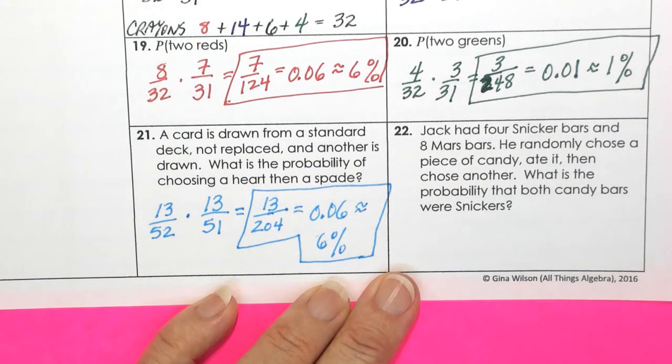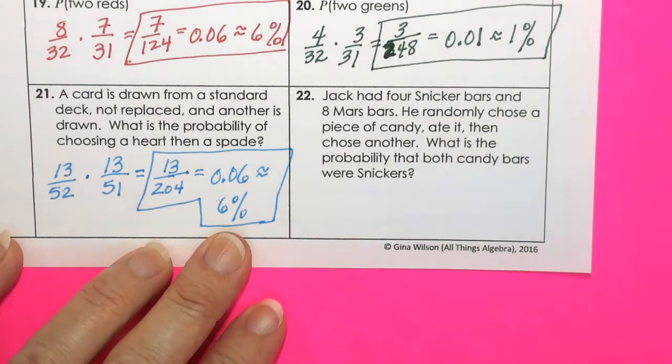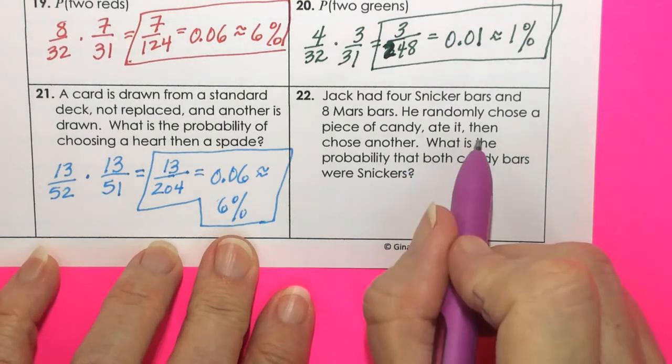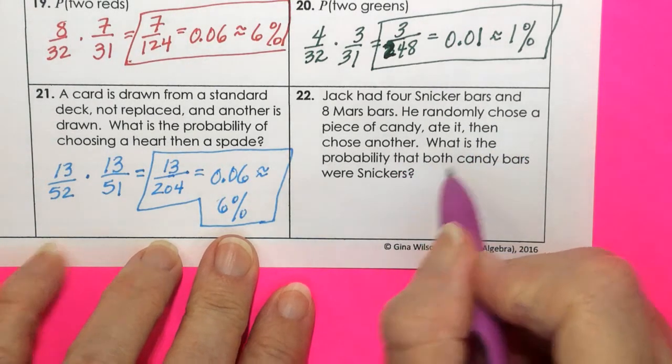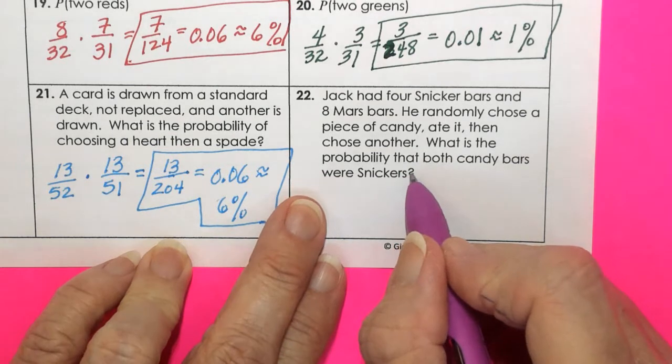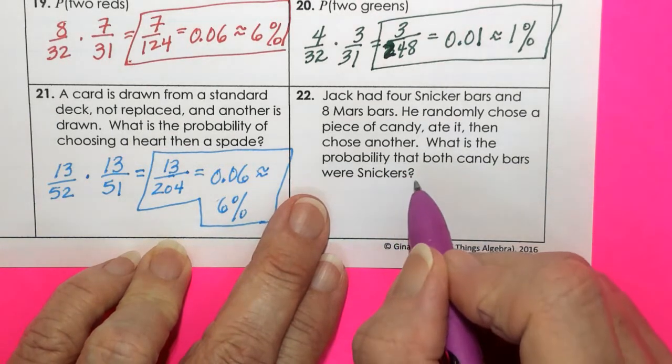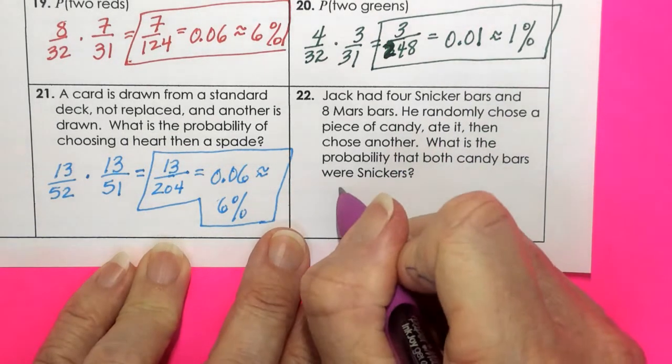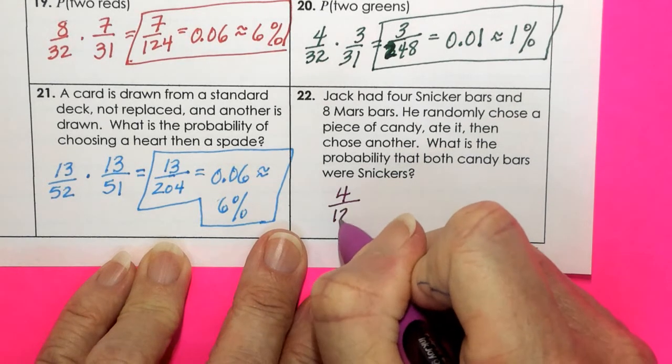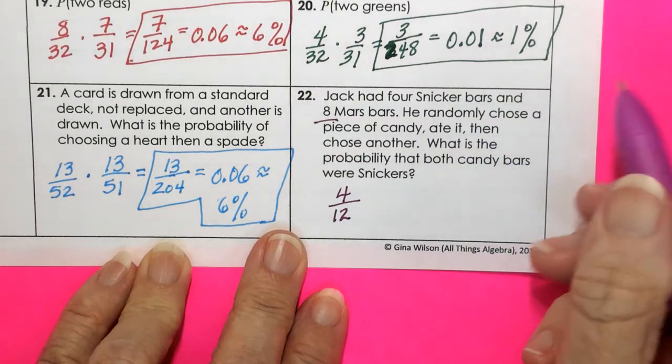Okay, one last example of dependent events. Jack had 4 Snicker bars and 8 Mars bars. He randomly chose a piece of candy and ate it, then chose another. What is the probability that both candy bars were Snickers? So he had 4 of those, but he started with 12 total bars because he had the 8 plus the 4.